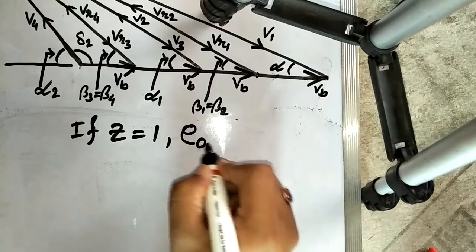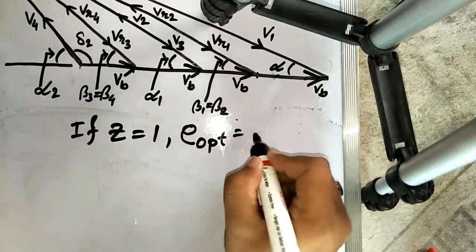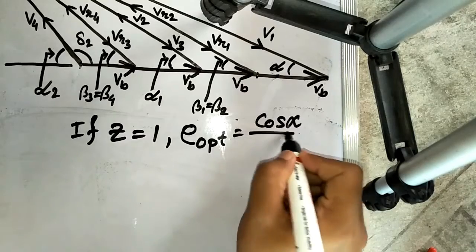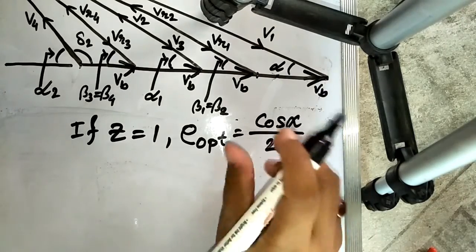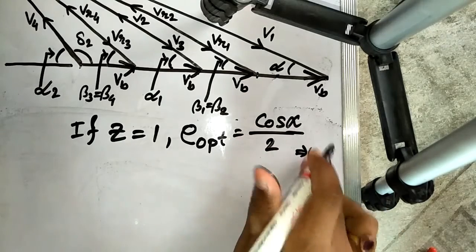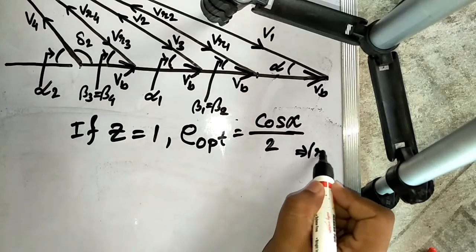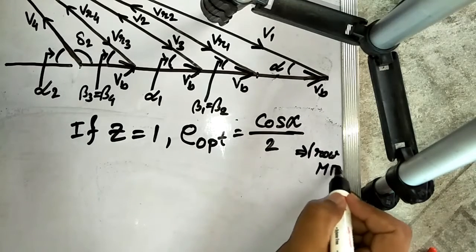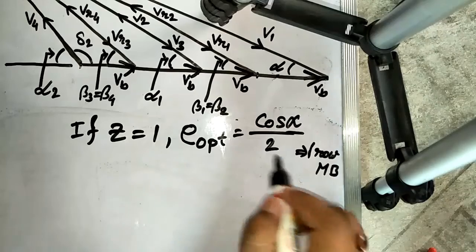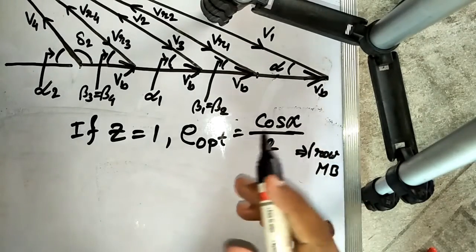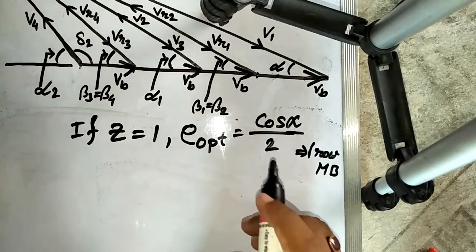That means the optimum velocity ratio is cos alpha by 2. This is for a single row moving blade, or simple impulse stage. And if z equals to 2, we get the 2 stage Curtis staging.